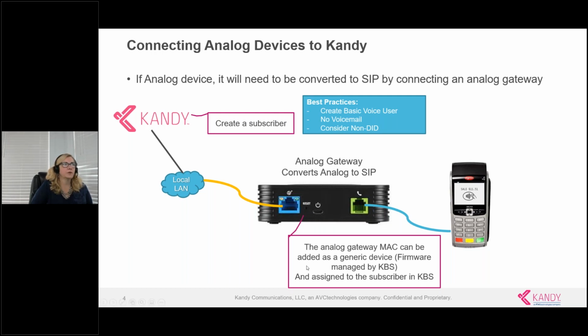But you also have to create this analog gateway MAC as a generic device, which we're going to talk about, so that that firmware can be configured and managed by Kandy. And then you'll assign this device to that subscriber that's created.